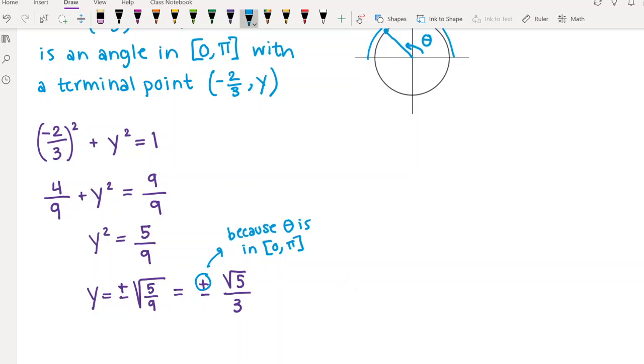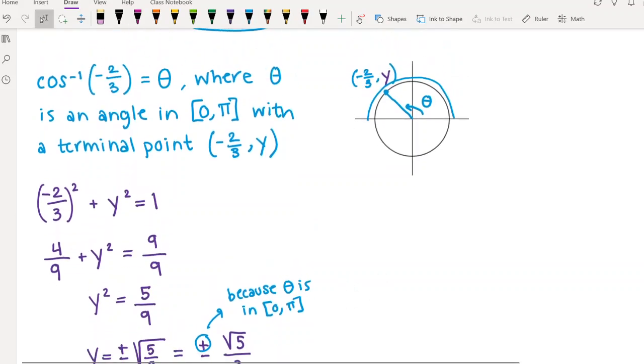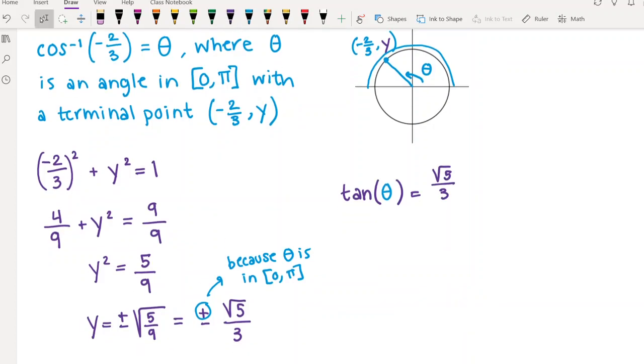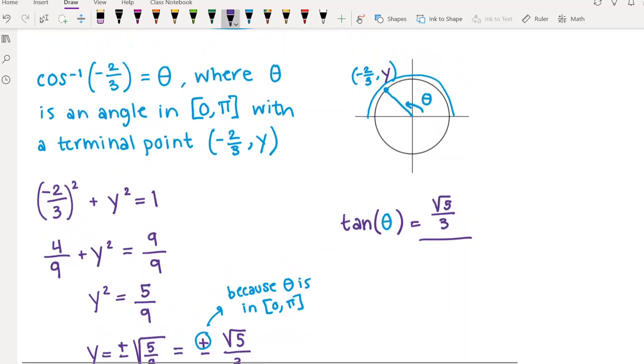Okay, so now we know our x-coordinate and our y-coordinate, and now we can figure out what tangent is. So we want to do tangent of our angle theta, where theta is the angle we found in the first part. And so what is tangent of theta going to be? It's going to be that y-coordinate we just found, which was square root of 5 over 3, and then we're going to divide that by our x-coordinate, which we know is -2/3.